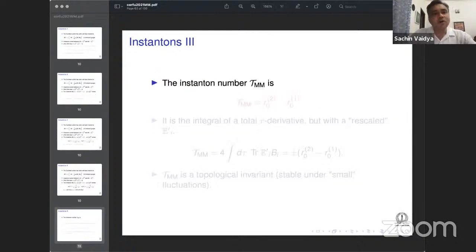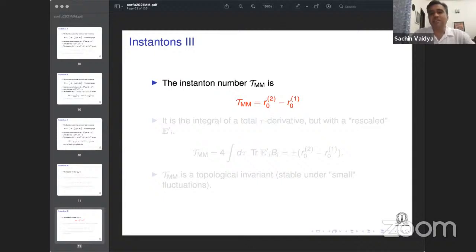Now, for the self-dual instantons, I can define an instanton number. I will define this instanton number as the difference between the number of irreducible representations at either end of tau. R2 is the number of irreducible representations at the end J2, and R1 is the number of irreducible representations at the end J1.